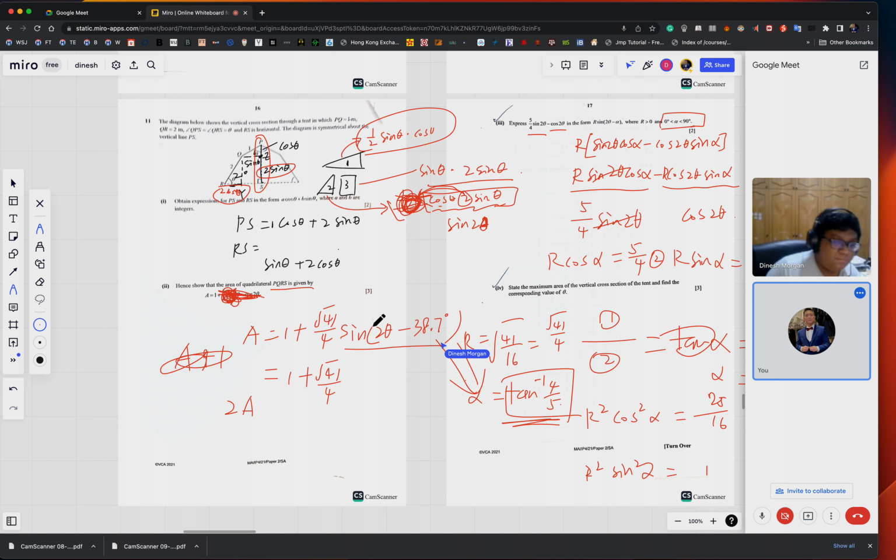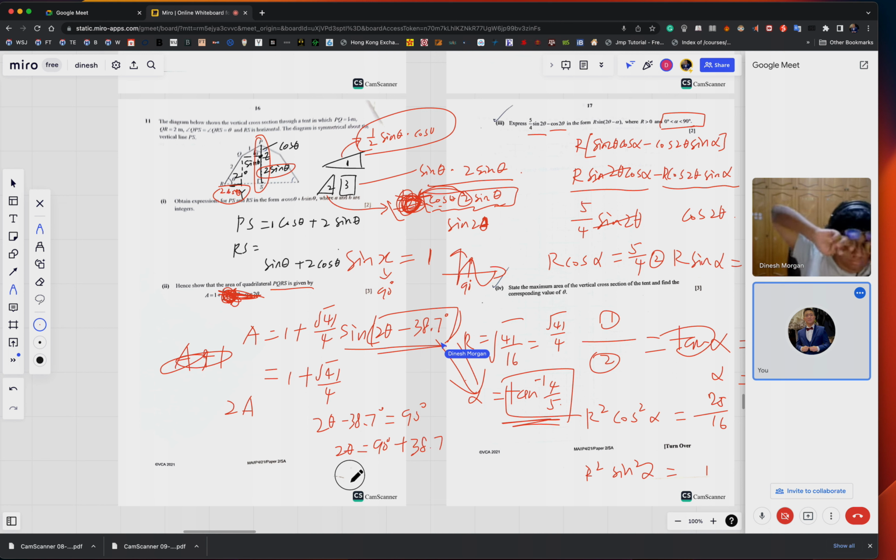The max value for sine is 1, and it happens at what value? 90 degrees, right? Sine x equal to 1 is at x equal to 90 degrees. That means this whole thing is equal to 90 degrees. So 2 theta minus 38.7 degrees equals 90 degrees. So 2 theta is 90 degrees plus 38.7, and you just divide by 2 accordingly.